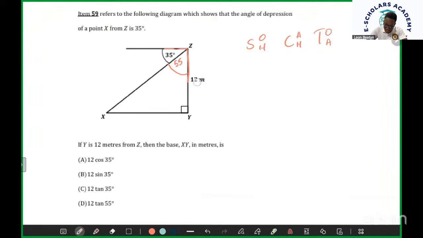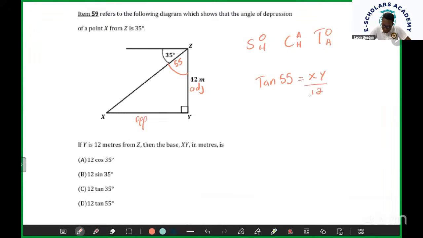The side opposite that now is XY, which is the opposite, and this side turns into the adjacent. So we're still dealing with tan. So tan 55 is equal to the opposite, XY, over the adjacent, which is 12.